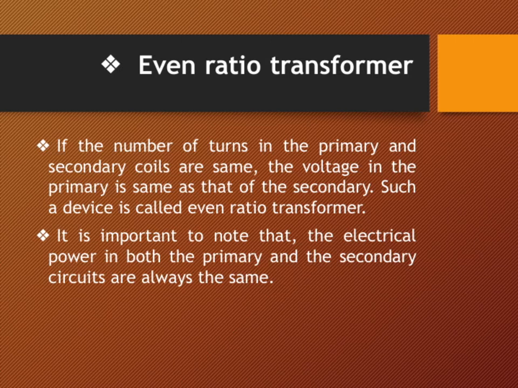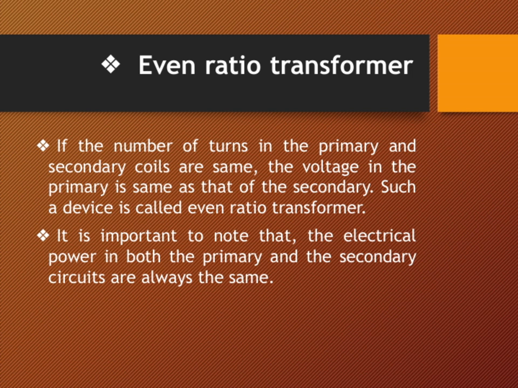If the number of turns in the primary and secondary coils are the same, then the voltage in the primary is actually the same as that in the secondary. This type of device is what we call an even ratio transformer. Now, it's really important to remember that, in these transformers, the electrical power in both the primary and secondary circuits remains always equal.